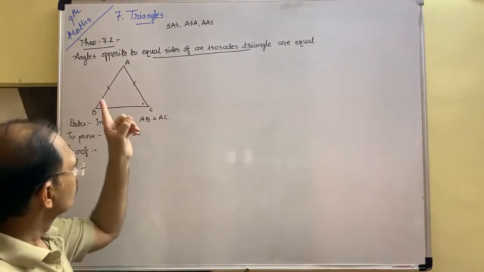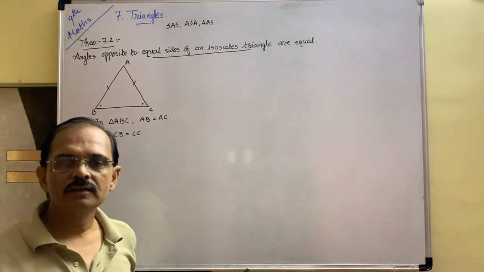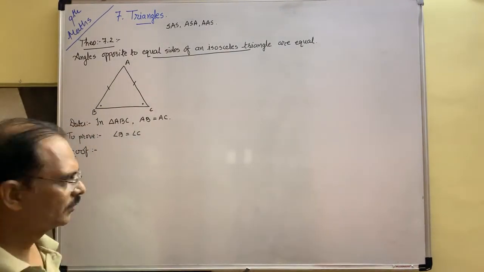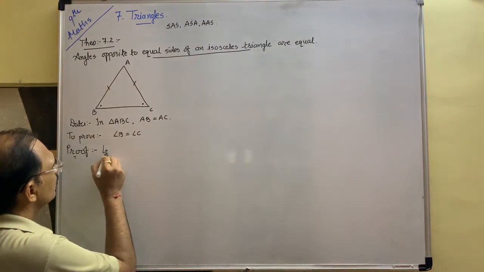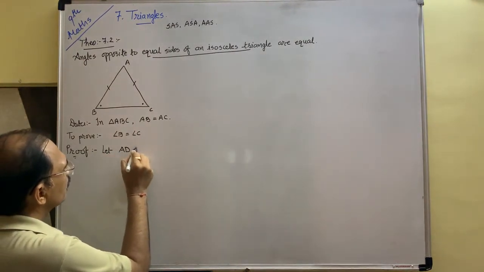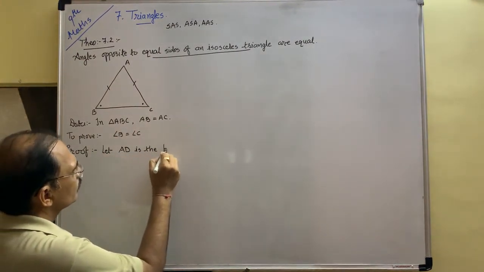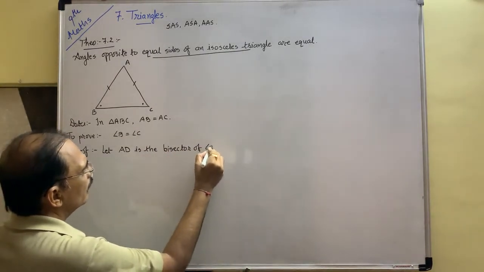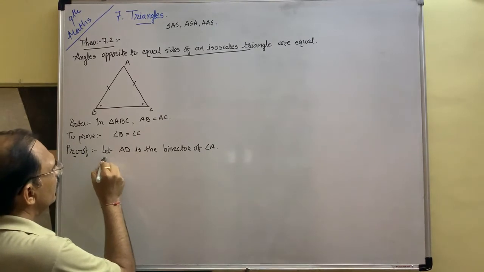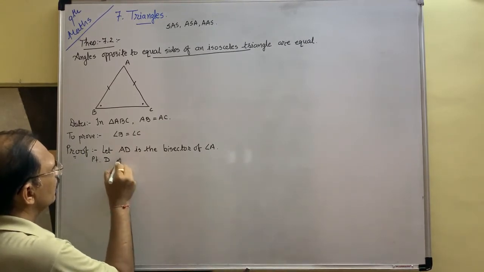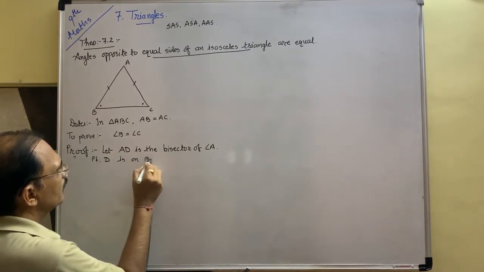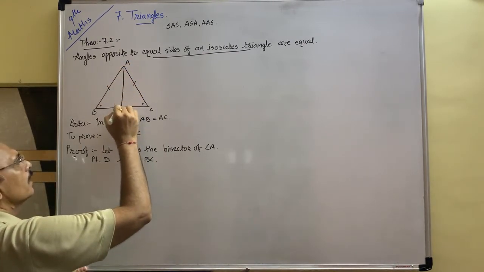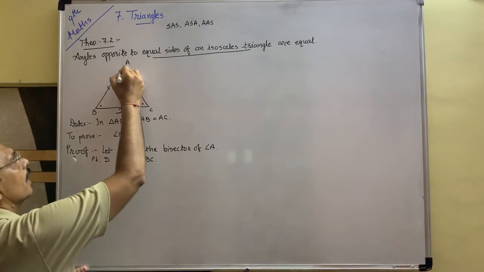Now see, here we suppose that let AD is the bisector of angle A and point D is on BC. See, in this way, AD is the bisector of angle A. Angle bisector.